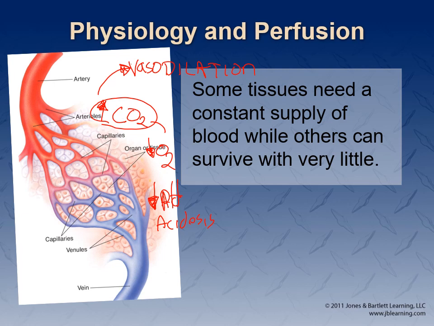So when blood gets here, blood doesn't go here. If we have low CO2, we vasoconstrict. Blood will flow through the path of least resistance and not go here. While blood isn't going there, we will continue to have metabolism. One of the byproducts of metabolism is CO2. We'll eat up the oxygen, lower the oxygen, and increase CO2.